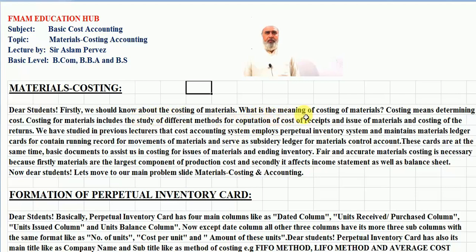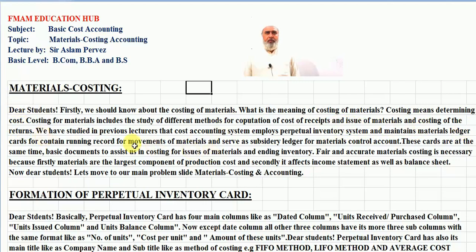What is the meaning of costing of materials? Costing means determining cost. Costing for materials includes the study of different methods for computation of cost of receipts and issue of materials and costing of the returns.